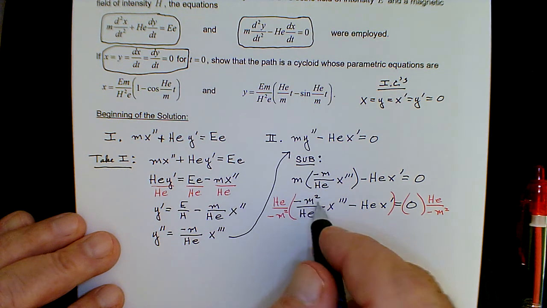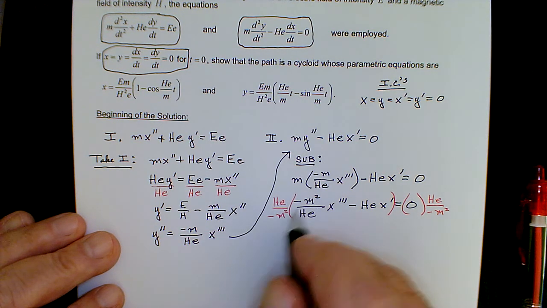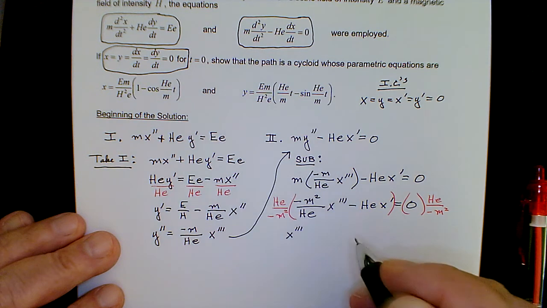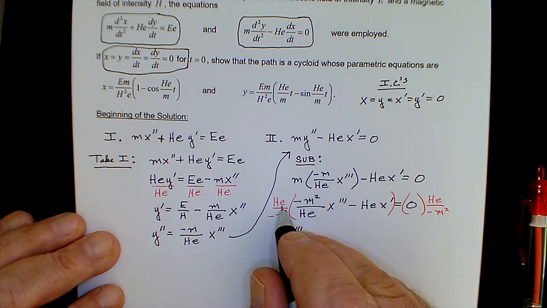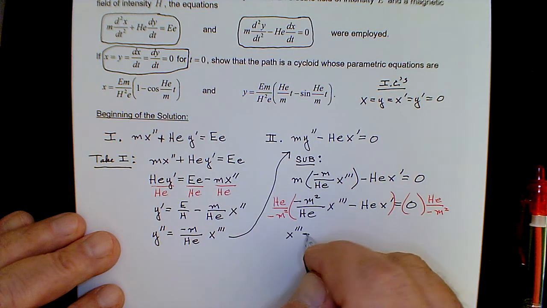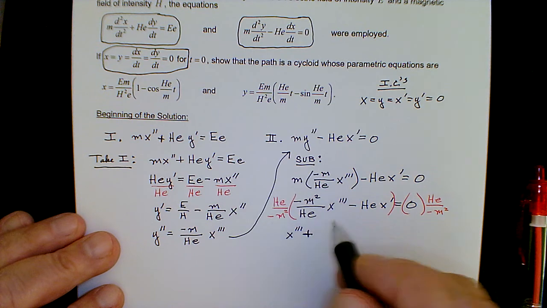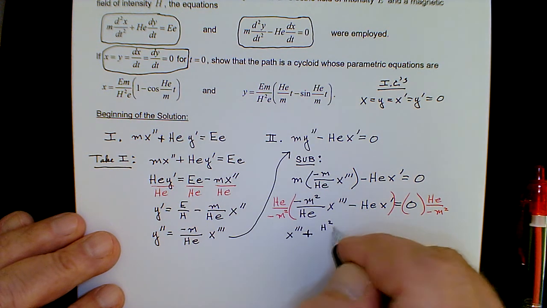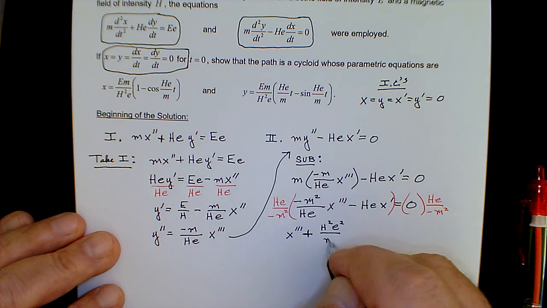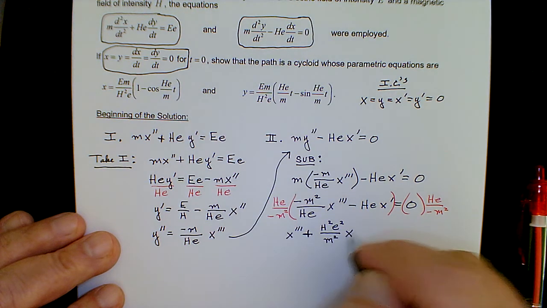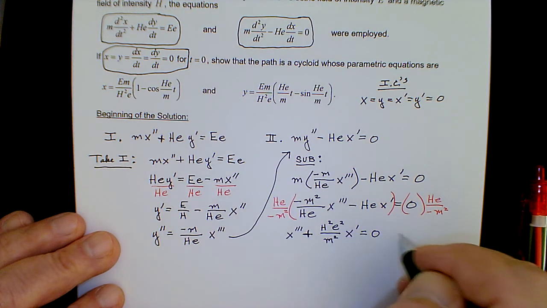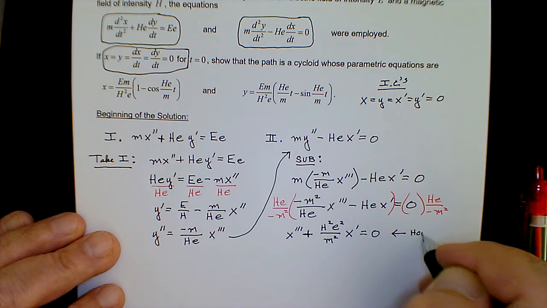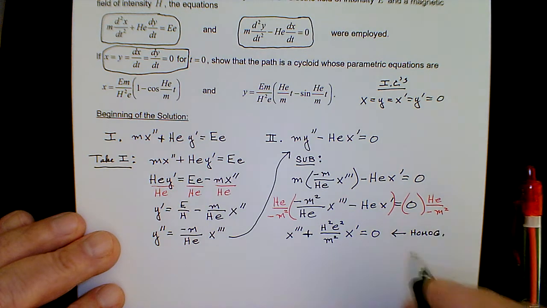Okay, now distributing this, the m squared and the negative, the h e's cancel. You just get x triple prime. And then, when distributed, this double negative makes a positive, and h e times h e is h squared e squared over m squared, times x prime, is equal to 0. So note that that's the homogeneous differential equation.